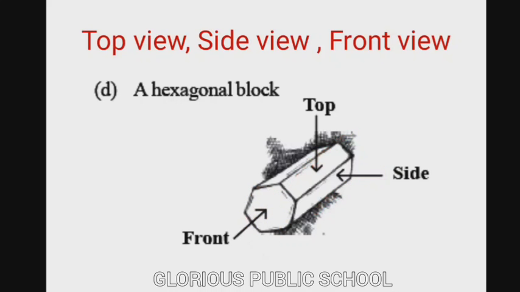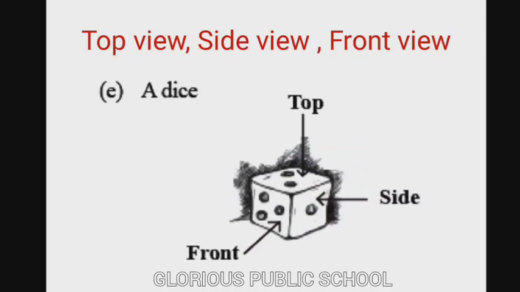Now the next example, a dice. You use dice in vacation time? So here three views of the dice are given. Top view, this one is the side view, and this one is the front view.